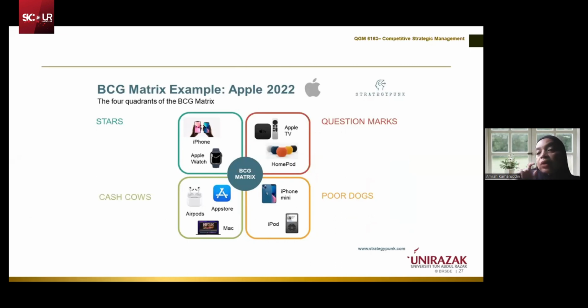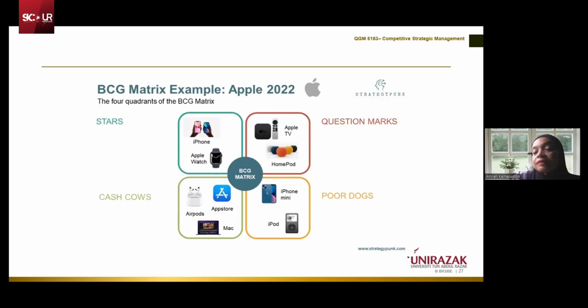Put it this way: when we talk about growth, it means the company has spent less investment on that particular product itself. So for example, the cash cow, like the iMac, I mean the Mac Air, the laptop itself.